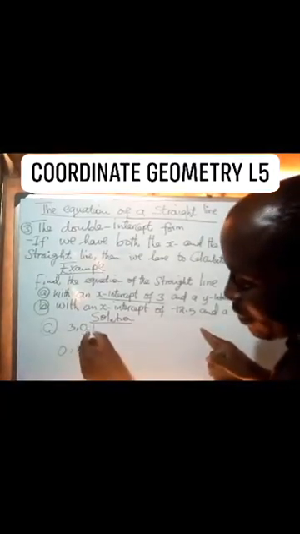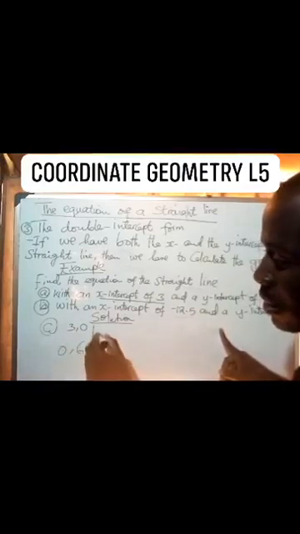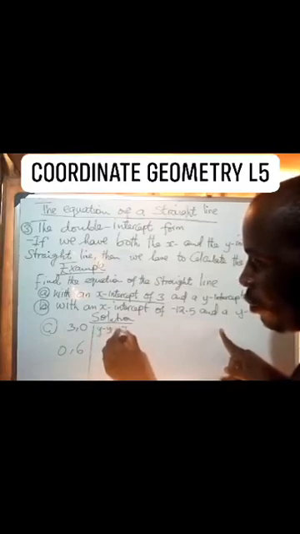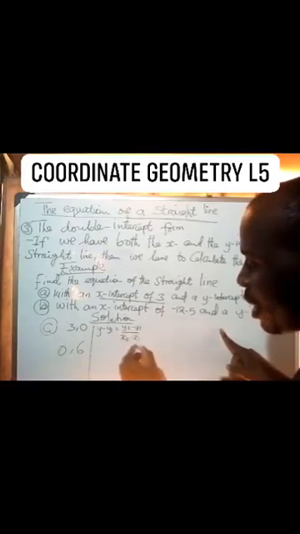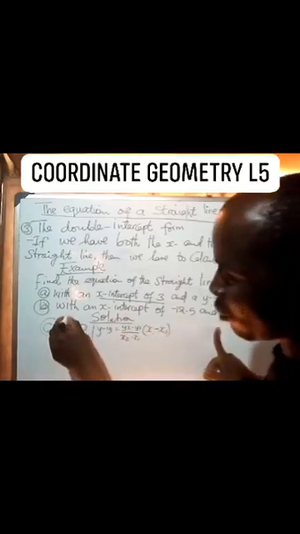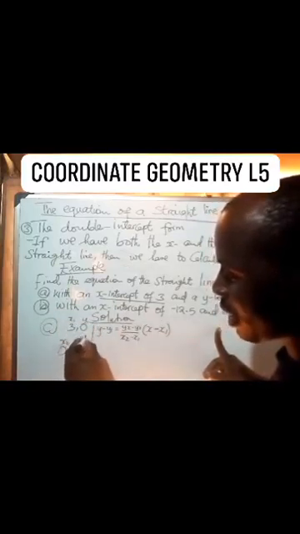Let us now find the equation of the line. Since we have two coordinates, we are going to use that formula: y minus y1 is equal to y2 minus y1 over x2 minus x1, open bracket, x minus x1. Which one will be our ones? I'll call this one our x1, this one our y1, this one our x2, this one our y2.